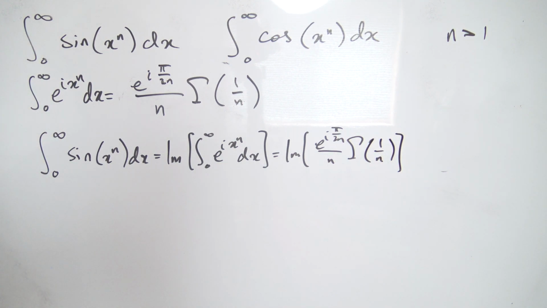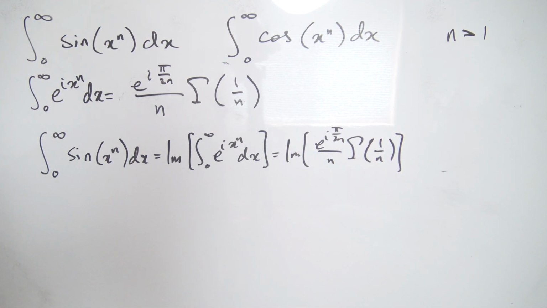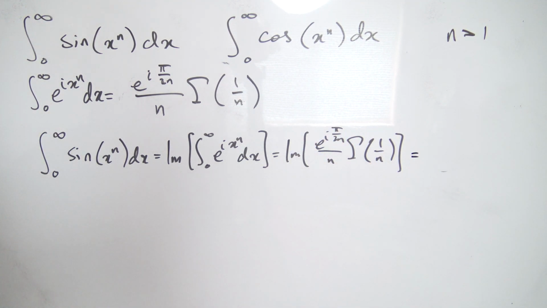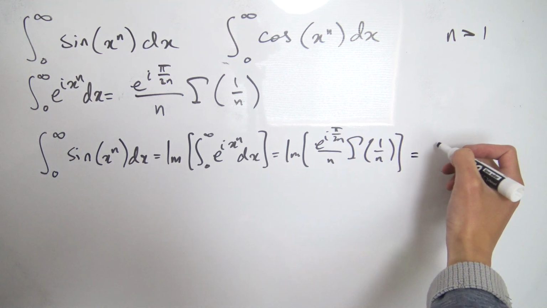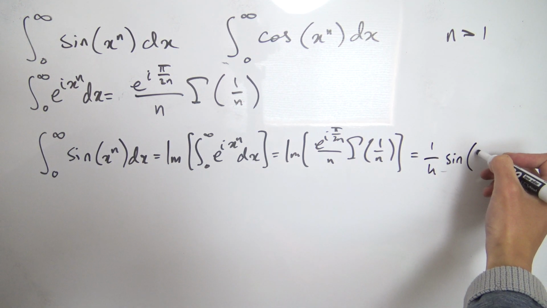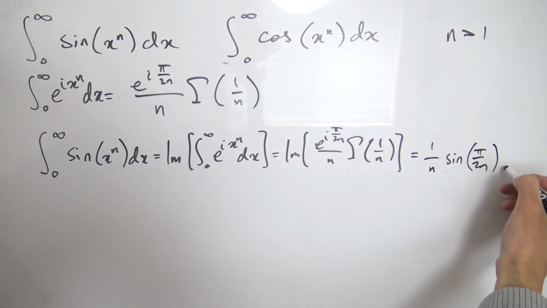But notice the only complex part in this expression is this e to the i pi over 2n. So if we take the imaginary part of that, then this just becomes sine of pi over 2n. So in particular, we get 1 over n sine of pi over 2n times gamma of 1 over n.